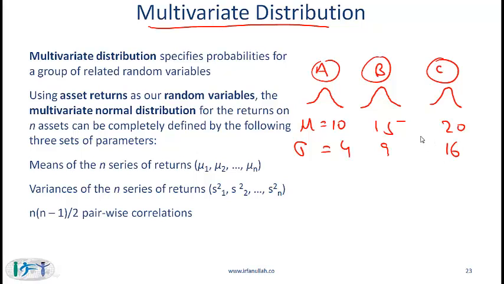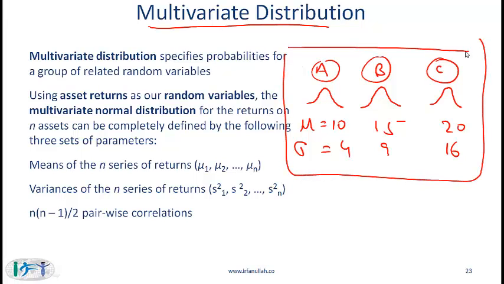So if you combine these three stocks, and let's say that the weightage is equal, then can you come up with the overall mean for this portfolio and the variance for this portfolio? The answer is that yes, we can do that.